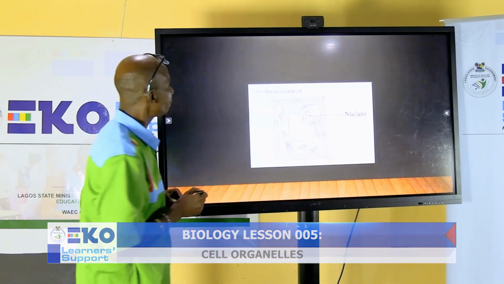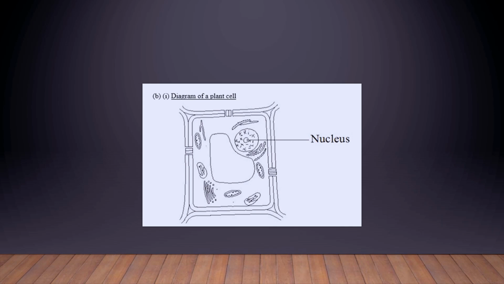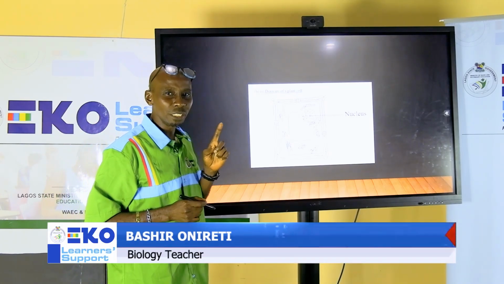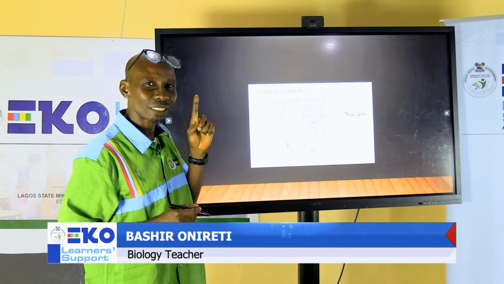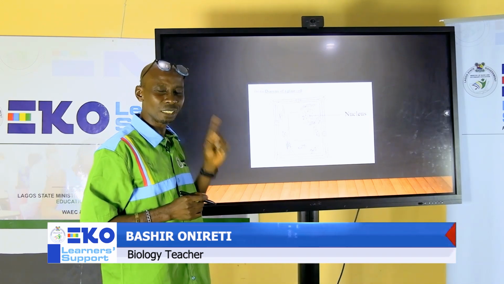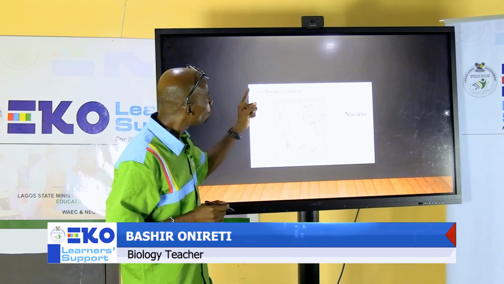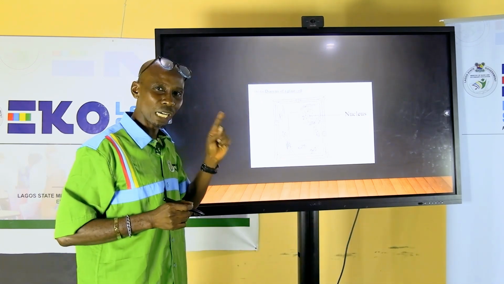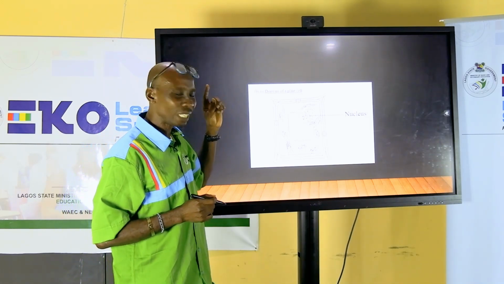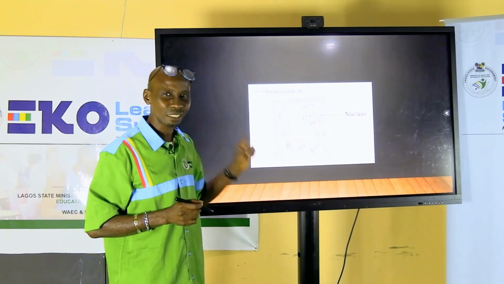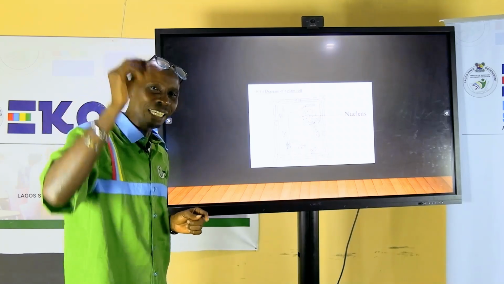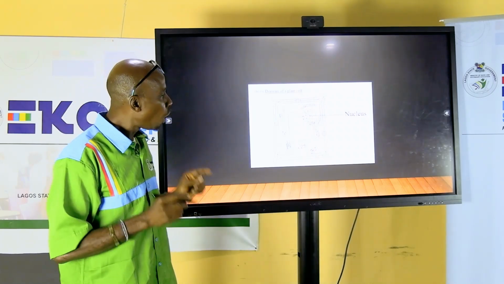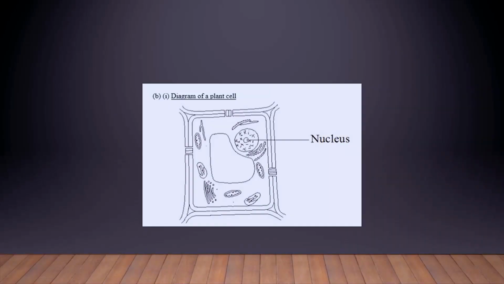The next question is, draw a plant cell and label only the parts for reproduction. Now, in the drawing, they gave us a size of 6 to 8 centimeters. You are supposed to measure before you start drawing. Make sure that your diagram is not less than 6 and no more than 8 centimeters. All labelings must be ruled with a ruler.